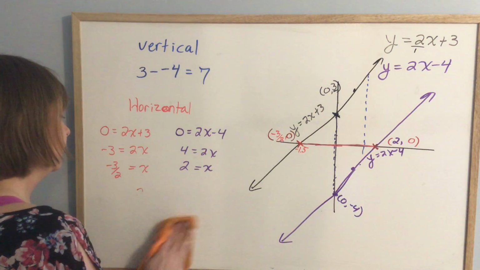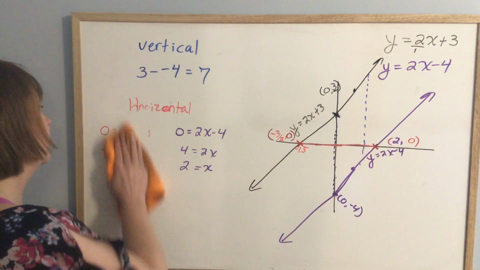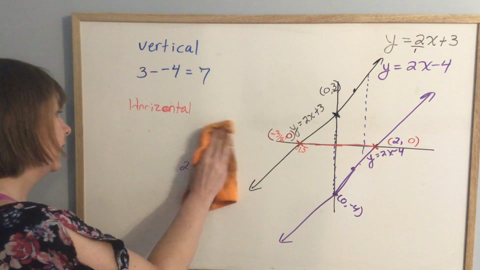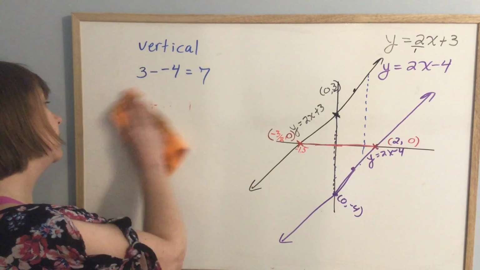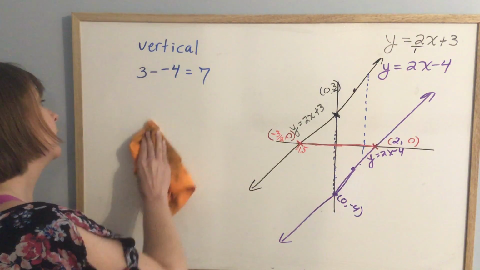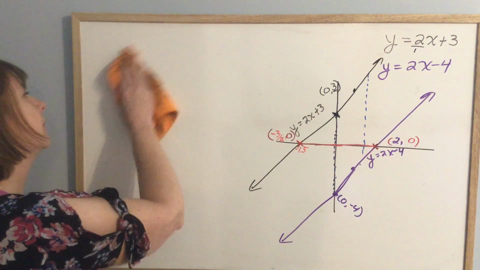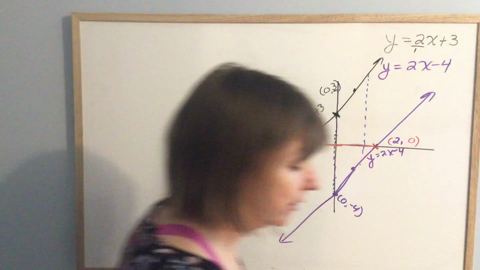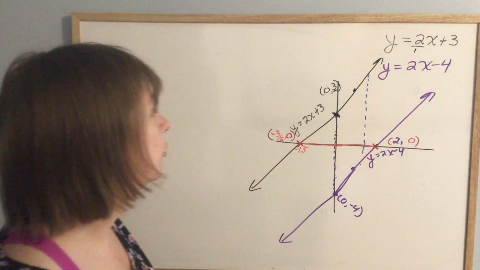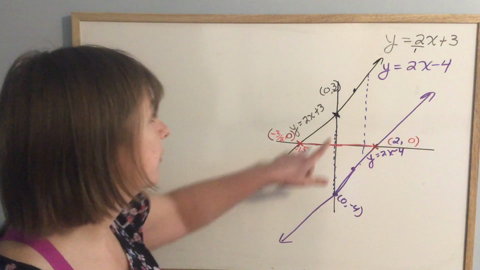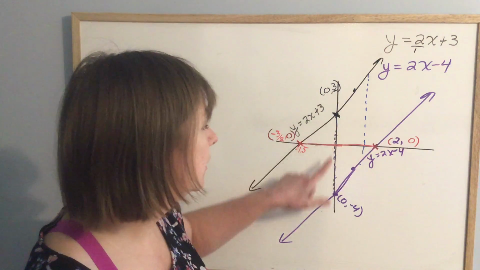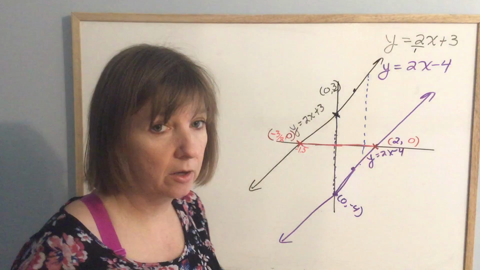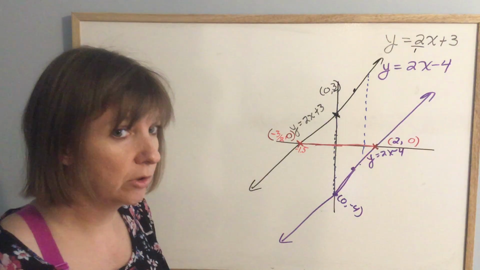So what you're going to do is you're going to choose one of the y-intercepts, either 0 and 3 or 0 and negative 4. Doesn't actually matter.